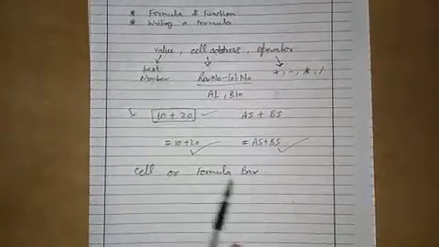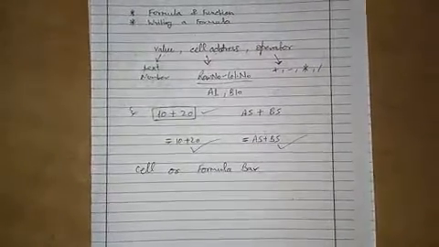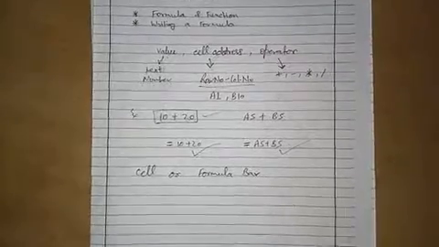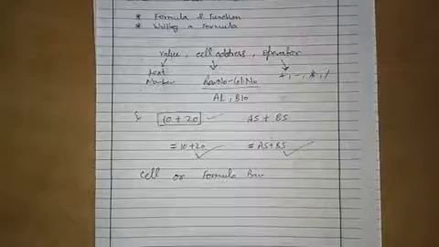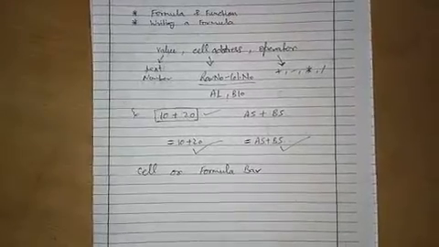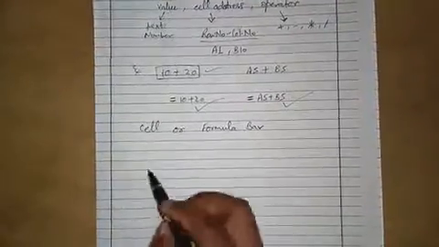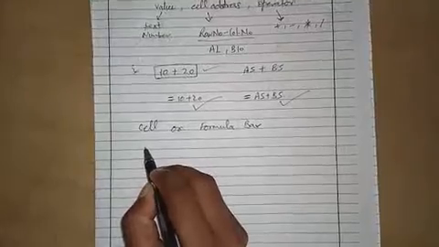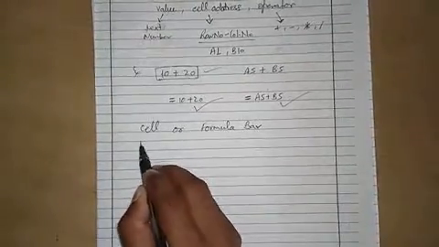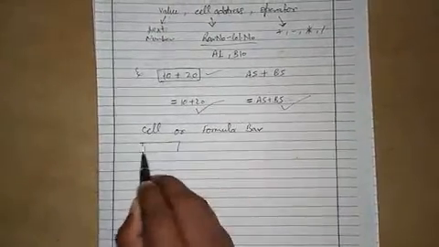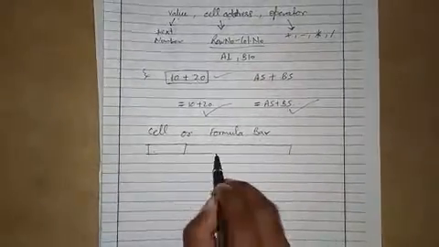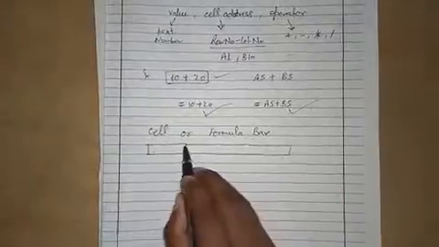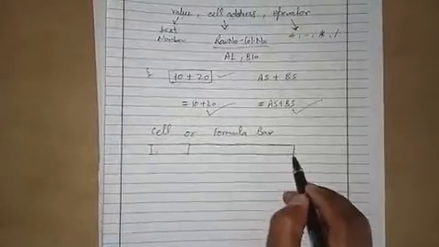You know the formula bar. I think you all know about the formula bar. When you open your Excel, then at the top you can see this sign. Let me draw that.